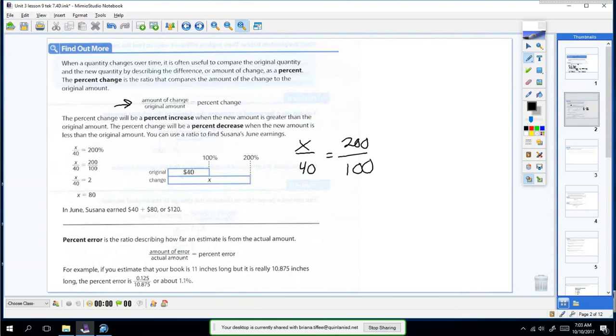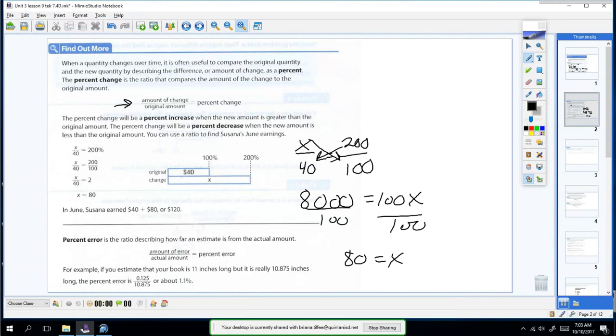You can do 200 times 40, which comes out to, I believe, 8,000. And then you cross multiply x times 100, which is 100 times x, and you divide it. And then you get 80 equals x. So she increased her earnings by $80. So you're going to take the original $40 she earned plus $80 to equal 120.